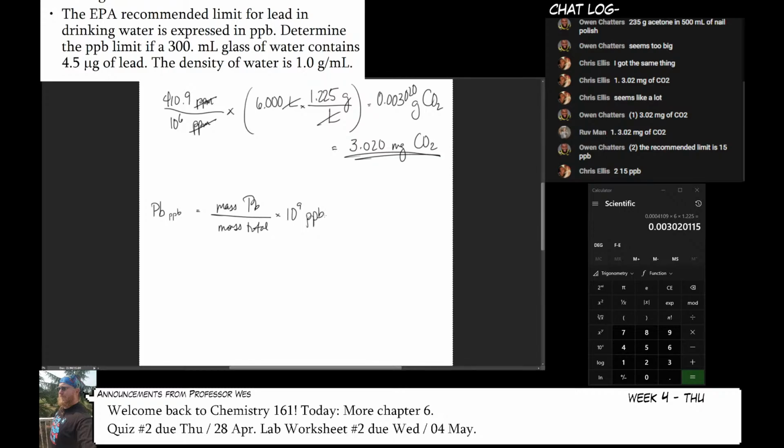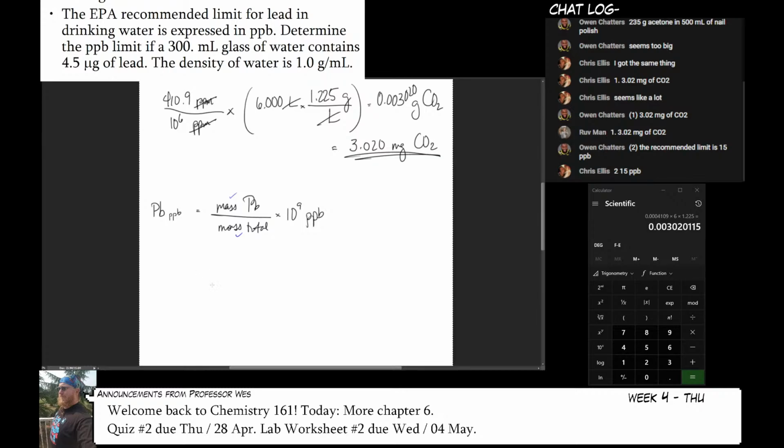And again, same thing. What do I know? Well, I need to figure out the ppm limit here. So, oops, I don't know that. What am I doing? I do know the mass of lead in here because I have 4.5 micrograms of lead. I know the total mass of the water because I have its volume and its density. And then this is just a number.